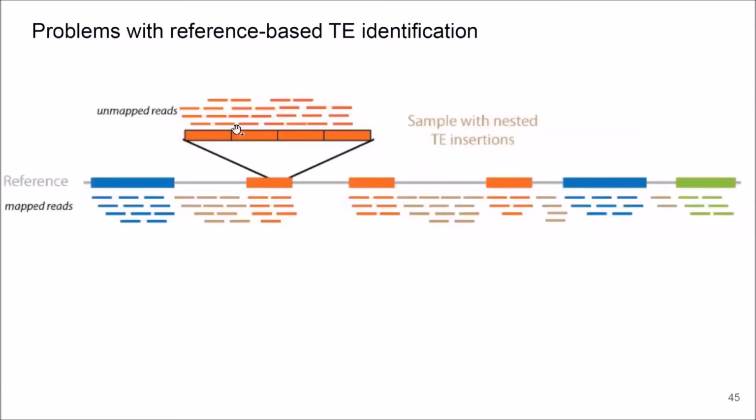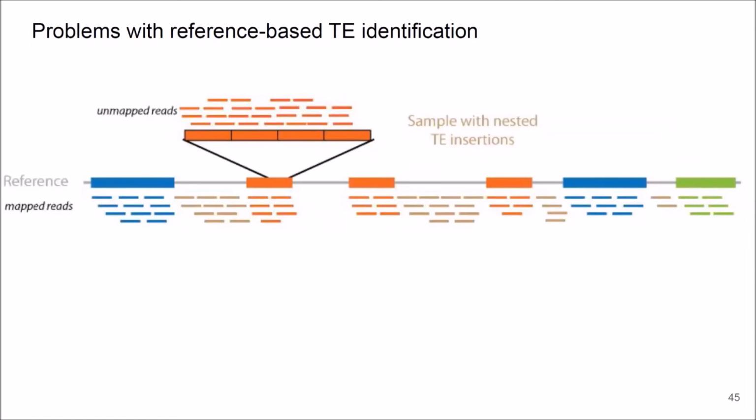One of them is that, and this happens quite a bit, especially in heterochromatic regions, you can have several transposable element insertions nested within each other. In this example, we would have 5 different transposable element insertions all sitting within each other.